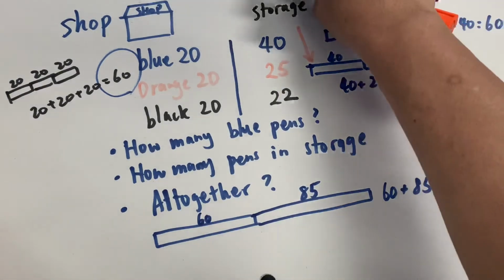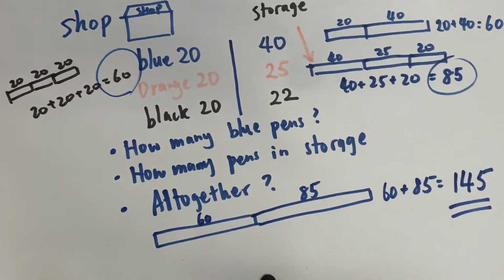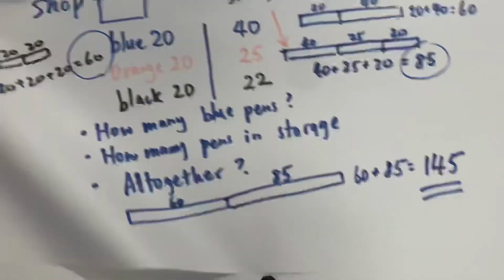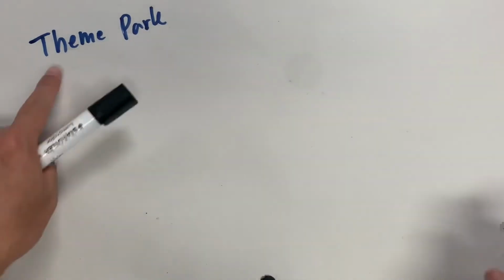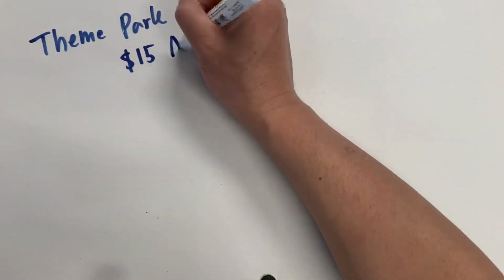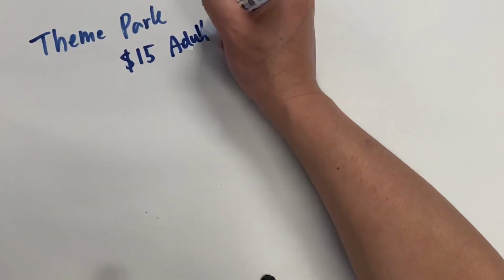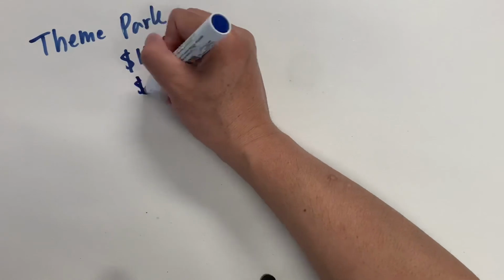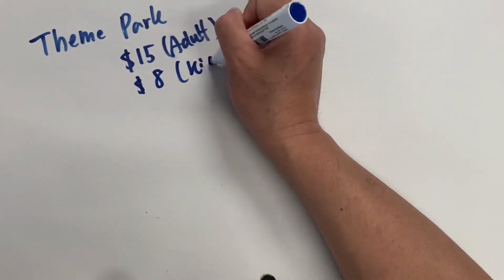Last question for you. Are you ready? We're going to go to a theme park. So the tickets are $15 for adults, and we have to pay $8 for kids, right?